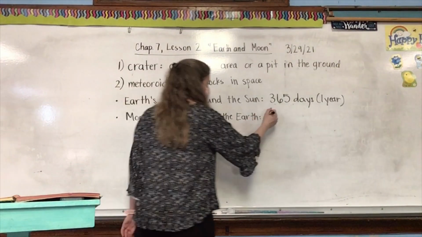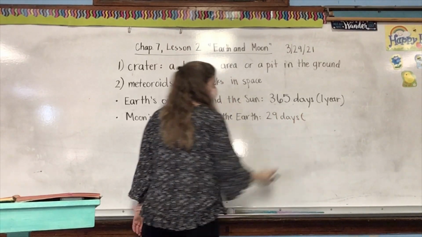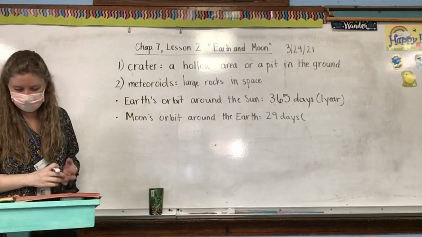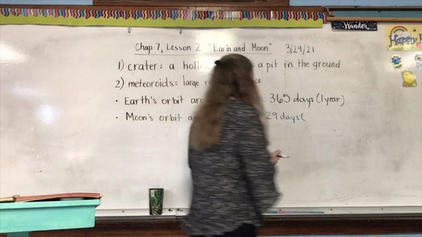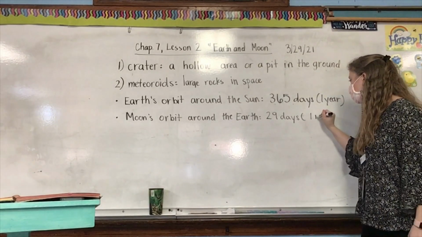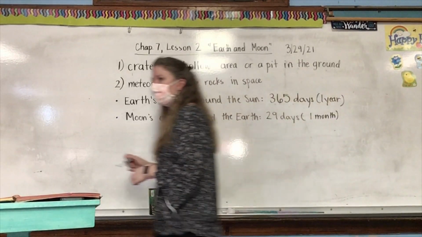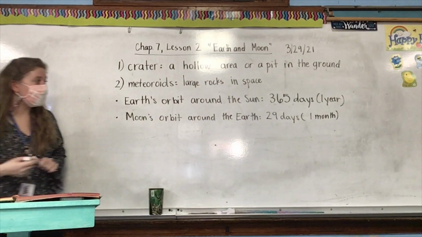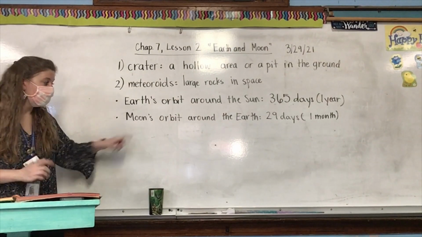About 29 days. Which is about as long as what, Victoria? About as long as 1 month. Not exactly 1 month, but about as long. So that means it takes about a month for the moon to make it.